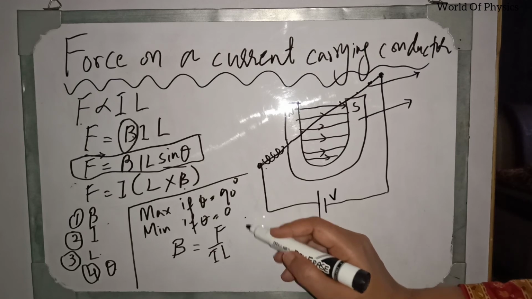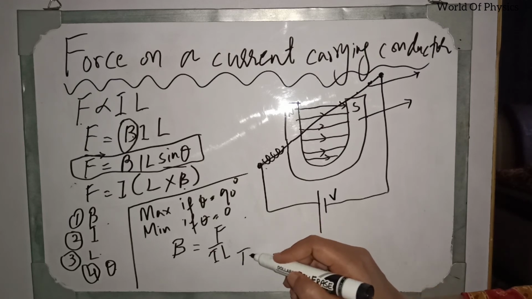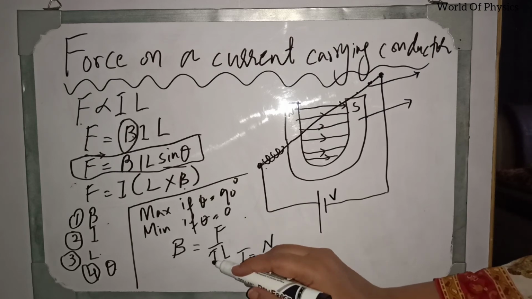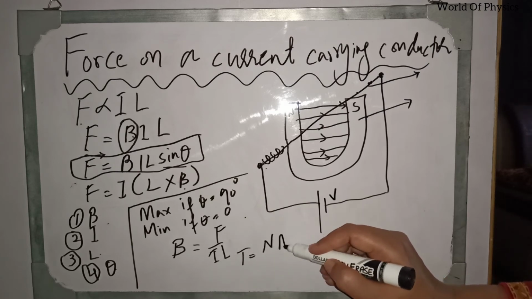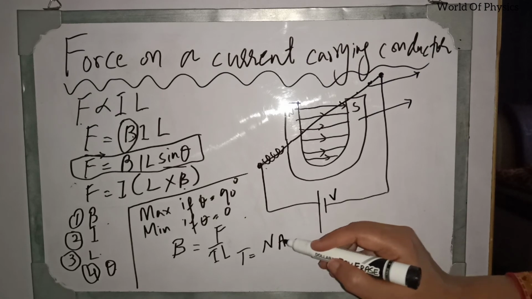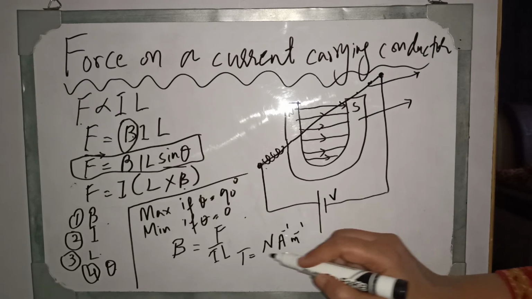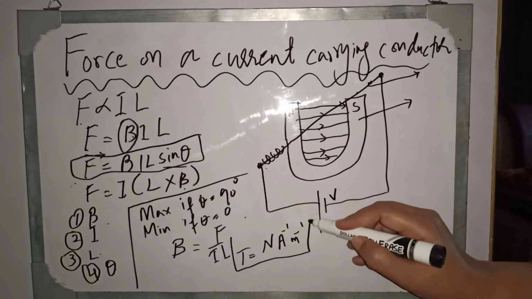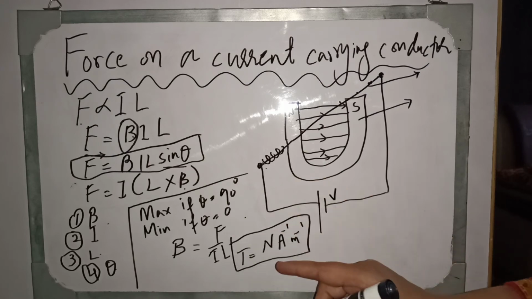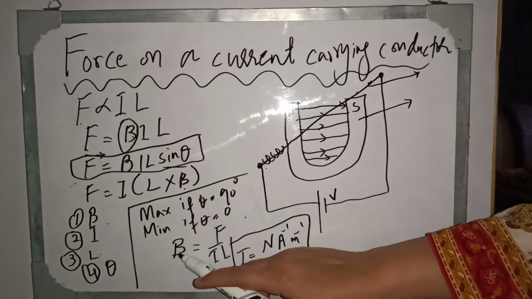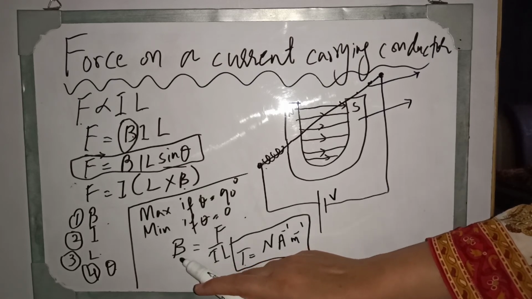Tesla is equal to, F is measured in newtons, I is measured in ampere, and L is measured in meters. So Newton per ampere per meter is the unit of Tesla. Tesla is the unit of magnetic induction or magnetic field intensity.